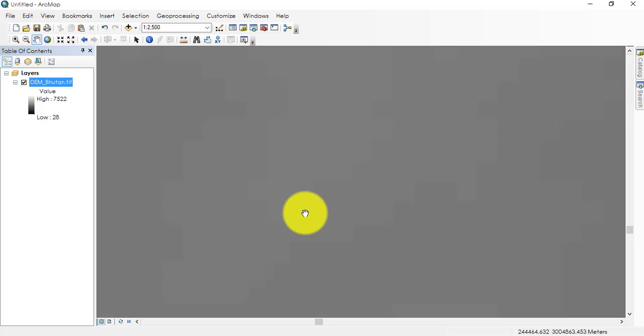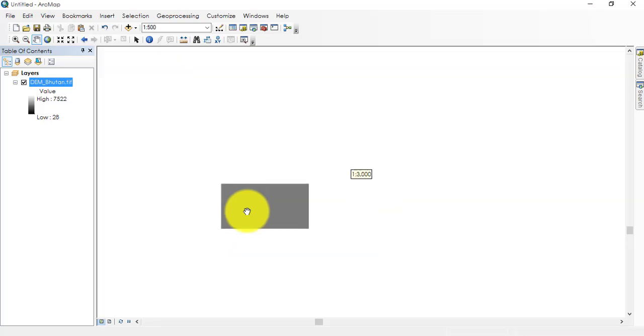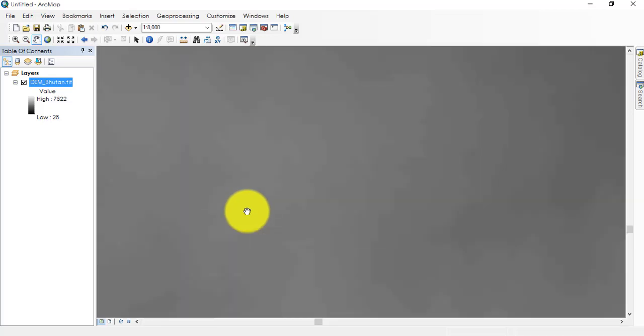However, most of the time we are dealing with square shaped cells for raster files. If you zoom like this, we can also see that these are made up of square blocks. So that's how it looks like.